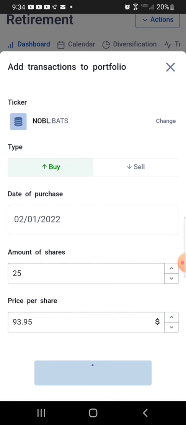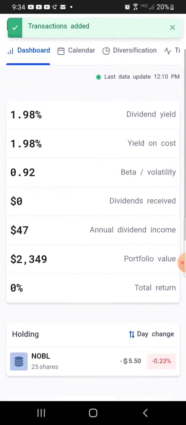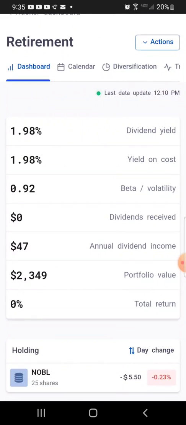Add transaction to portfolio. And simple and plain, you see it is now in there. It tells me my annual dividend income, my dividend yield, and my portfolio value.